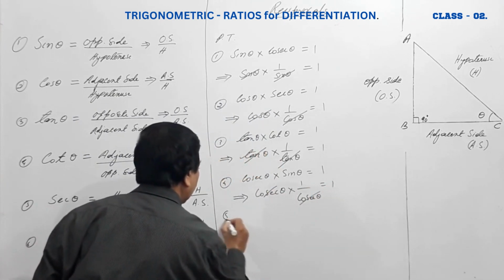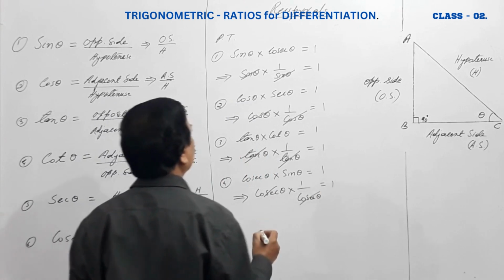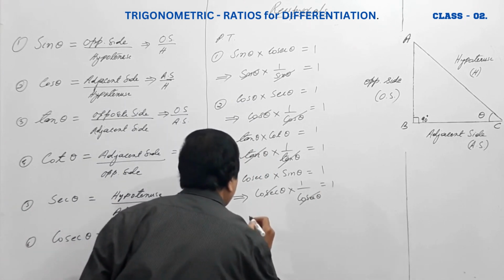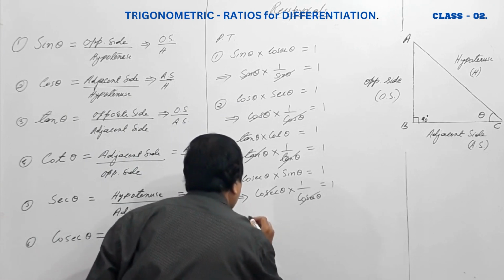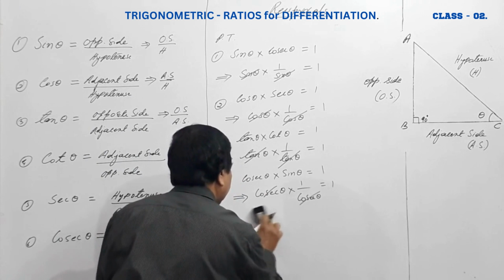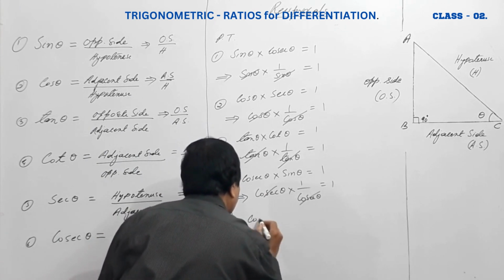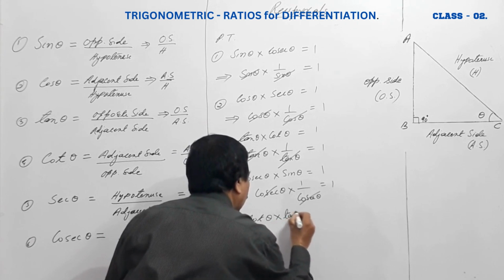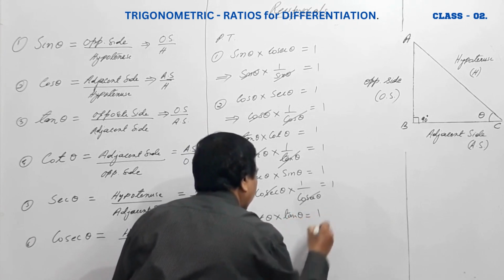And fifth one, prove that cot theta into tan theta equals to 1.